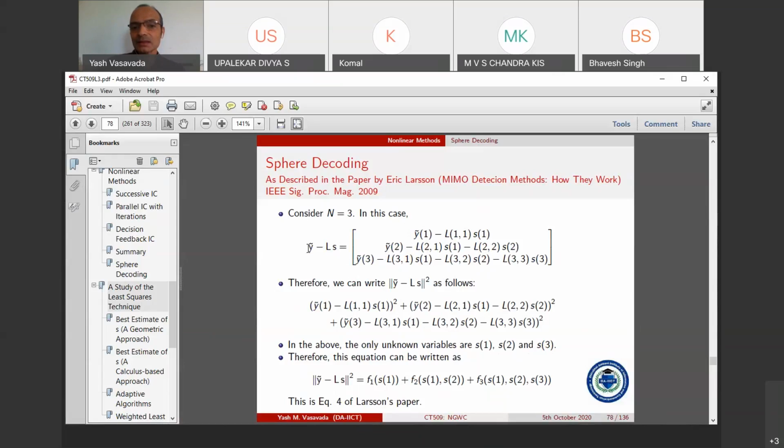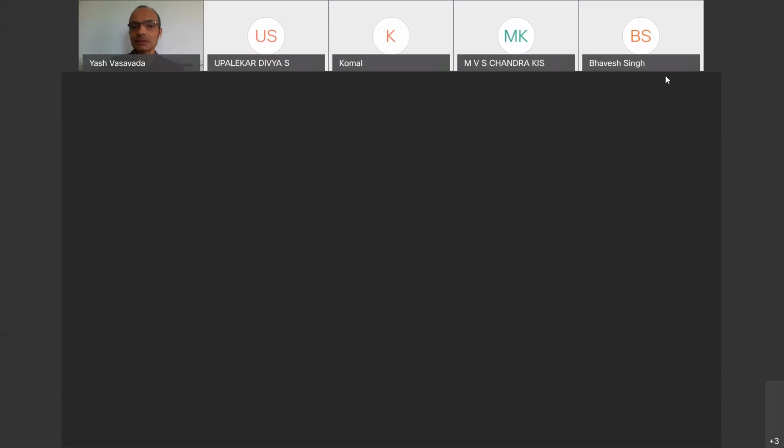Who agrees with this equation that I have written? Anudeep? Are you fine with this equation? It looks like Anudeep is not here today.